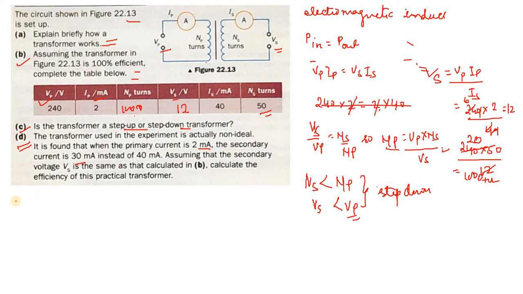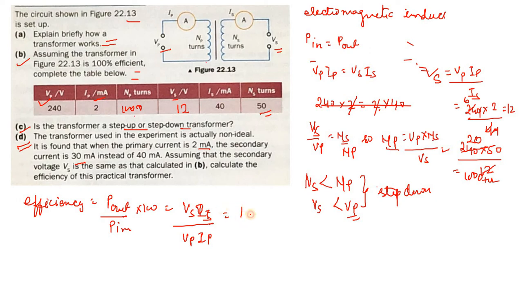So efficiency means what? Just now we have discussed, whenever you think efficiency, it means how much is out divided by how much you have given in. So can I say power output over power input, into 100? Power is equal to VI, so Vs Is divided by Vp Ip.